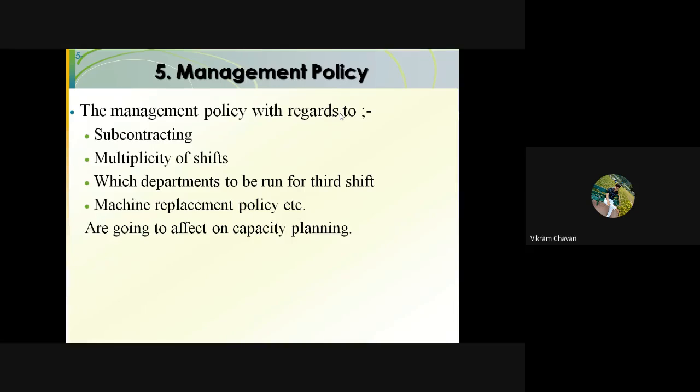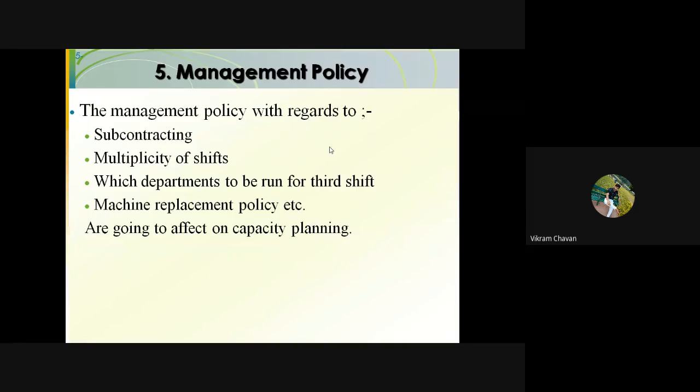If you consider a foundry, the finance department or account section will work in the general shift only. Then the design section will not work in three shifts; it will work in one or two shifts, maximum two. The purchase department will not work at night.